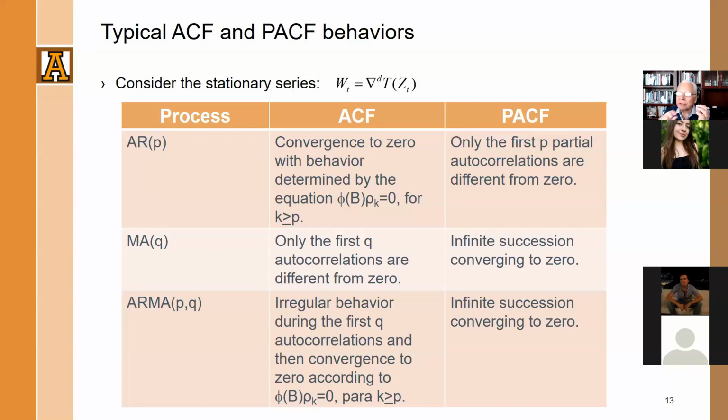We'll see a pattern similar to what we see in the ACF of an AR(p). And the PACF will be an infinite succession converging to 0. Now, what will help me determine q and p will be to look at both charts, the ACF and the PACF.